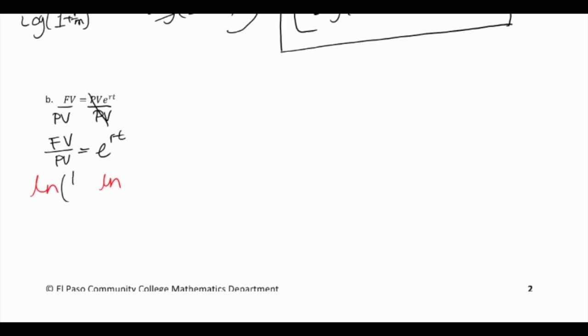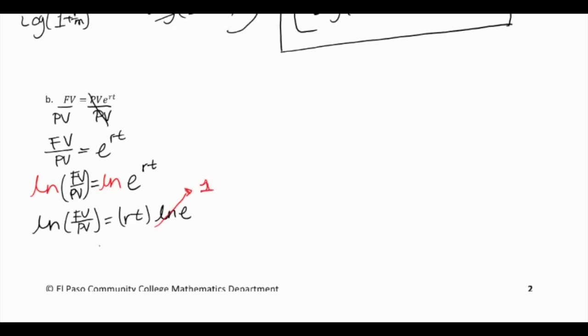So the natural log of FV over PV equals the natural log of e to the rt. We apply the power property. So rt times ln of e. And remember, ln of e is 1. This is always 1.